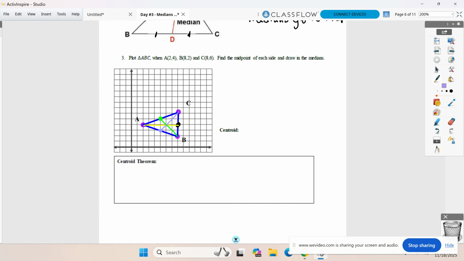So the midpoint on that slide. Midpoint. Add your x's divided by 2, add your y's divided by 2.